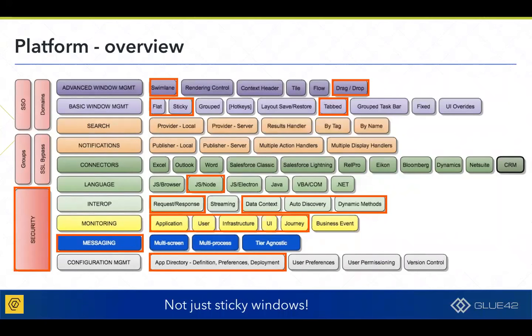An illustration of that would be, for the sake of argument, we can integrate to many different kinds of technology stacks, but that's a language connectivity layer. There are also convenience connectors to allow you to connect to specific third-party applications or data feeds and so on. So I'm going to return to the monitoring piece in a couple of slides.